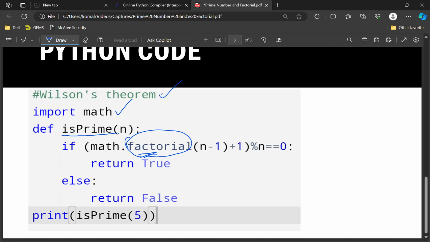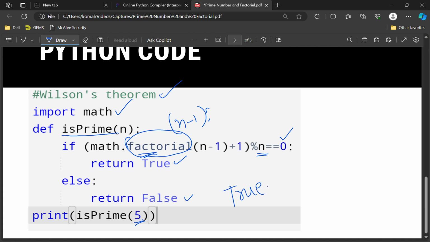If math.factorial of n minus 1, that means it will find factorial of n minus 1, plus 1 is exactly divisible by n, exactly divisible in the sense the modular division must return the value 0, return true, otherwise false. For example, if we run this code for input 5, is_prime(5), we must get the answer true.